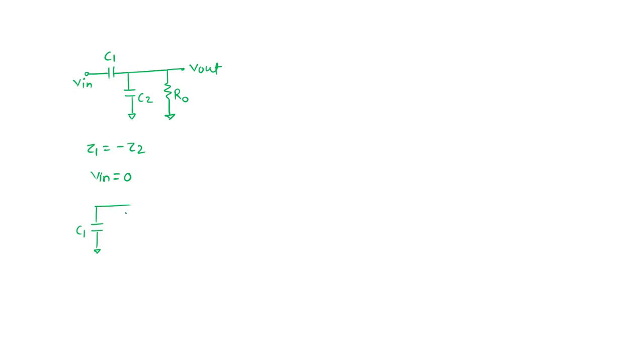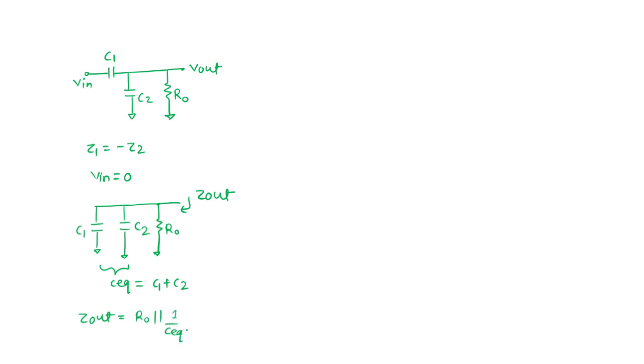So with only one independent variable, your entire cap combination is reduced to one cap. Two caps are now reduced to one cap. So my Z out will only be the C equivalent, which is nothing but C1 plus C2.